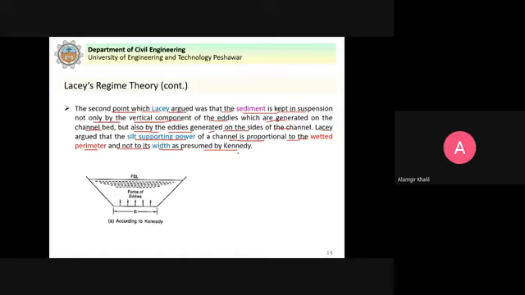We earlier studied this in the previous lecture on Kennedy's theory. Kennedy argued that the eddies which are generated at the bed of the channel, due to the friction as the water is flowing, are responsible to keep the silt in suspension.